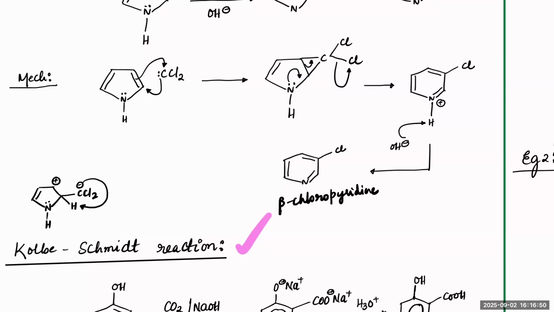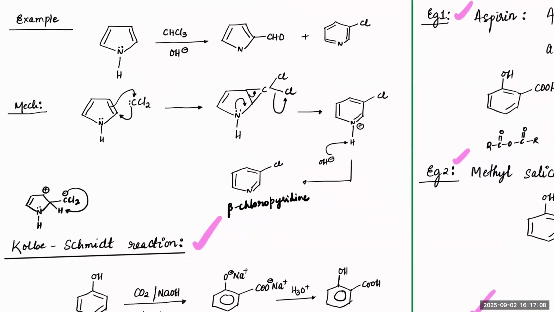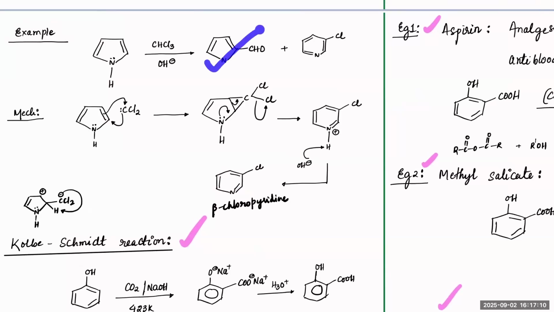So once you get this three-membered ring, the lone pair on nitrogen will push, this three-membered ring will break to remove this chlorine out, and you will get this compound. And OH minus will take away H plus, and that's how you'll get beta chloropyridine. So instead of getting this one, which is a Reimer-Tiemann reaction, now you are getting this one also, which is abnormal Reimer-Tiemann.